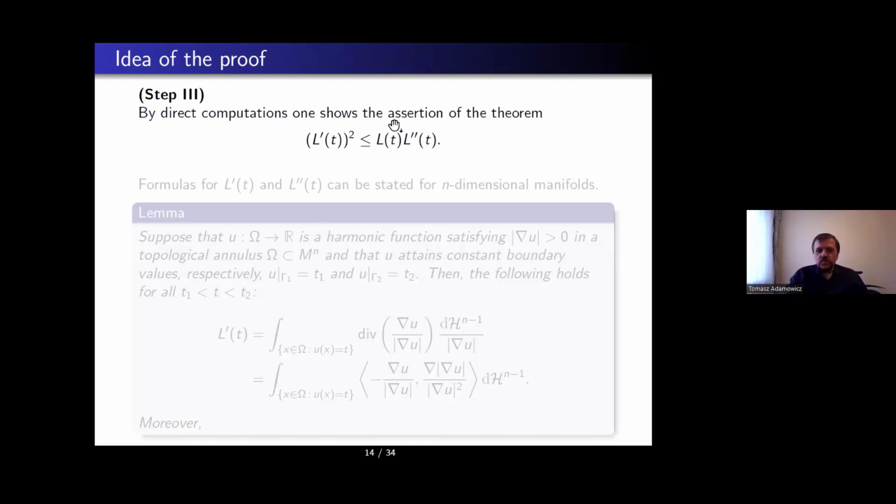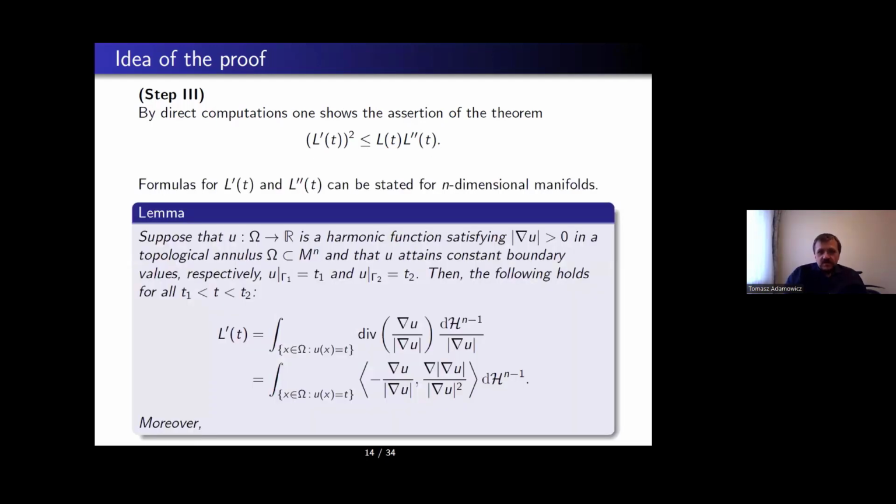If this is obtained, then this is equivalent to the assertion. So everything boils down to being able to compute L prime and L double prime. And in fact, the formulas for such derivatives can be found on n-dimensional manifolds, as the following lemma states.